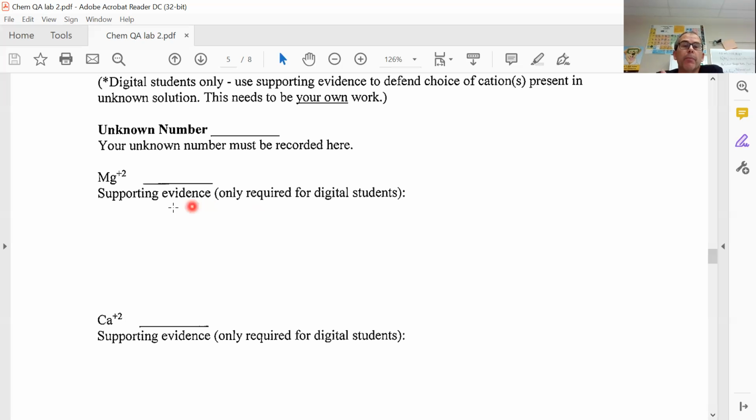So your answer should talk about your observation, whether it was cloudy or a precipitate, or whether it remained clear. No would be remaining clear. A yes would be turning cloudy, and then saying what ion you added to make you see this. So that's an important piece there. You should do that in your own words as well.